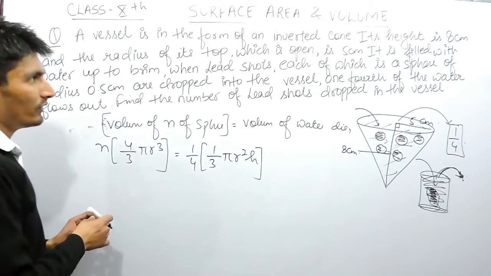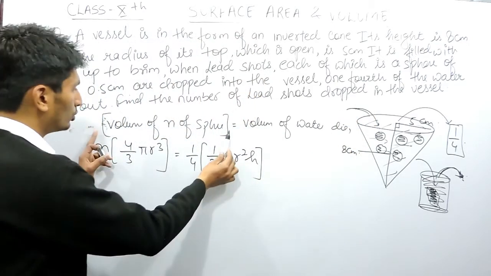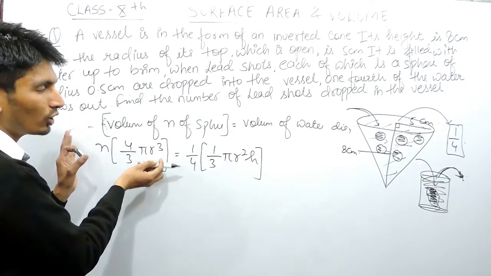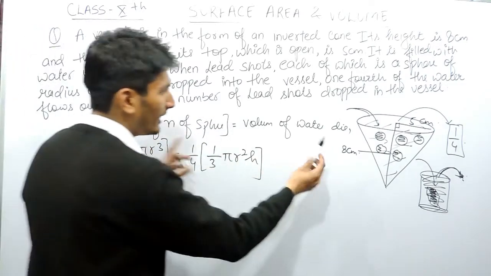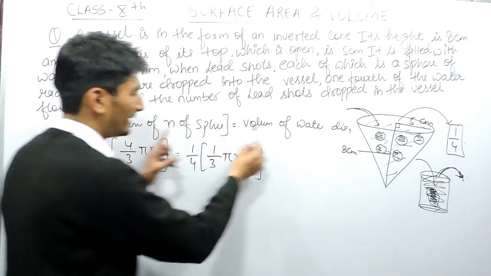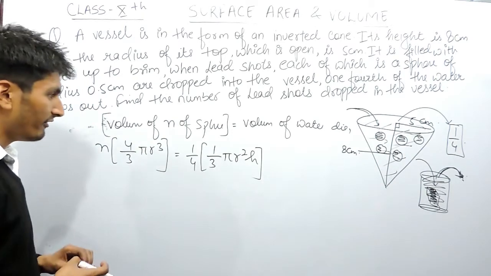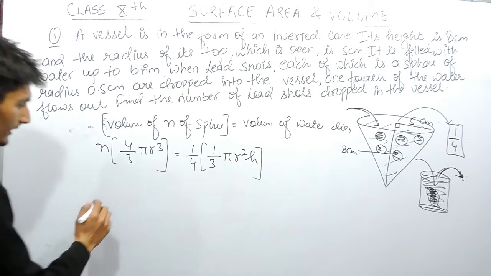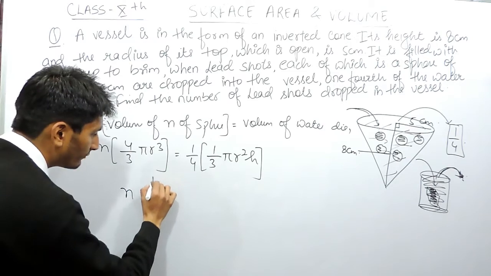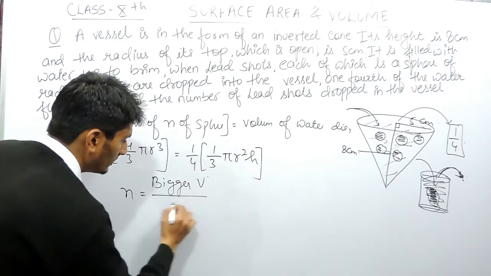So this will be the formula for this particular question. One thing is important, whenever the question is about Archimedes principle, you need to equate the two volumes. One is the thing which has been immersed, or you can say placed in that container, and the water which has been displaced, or you can say which is flown out. The volume of these two will be equal. There is another thing, whenever you need to find the number of something, you always have to divide bigger volume by smaller volume.